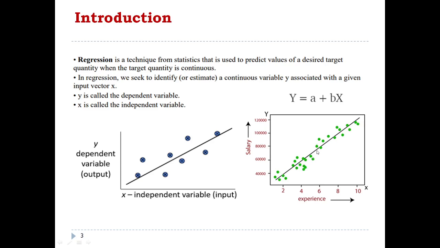So that is why we use regression, and it shows the relationship between the dependent variable and the independent or the predicted variables.